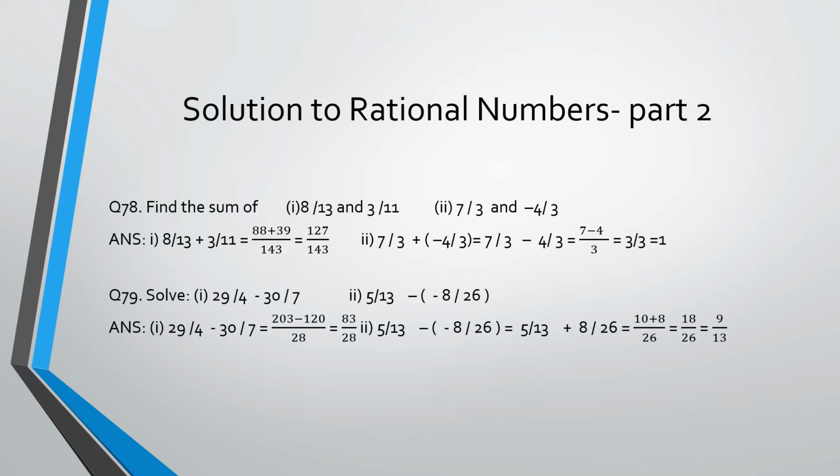Part 2, 5 by 13 minus of minus 8 by 26. Here again, after we remove the bracket, we get the plus sign, and 5 by 13 plus 8 by 26, and the final answer is 18 by 26. Reducing it to lowest terms, we get 9 by 13.